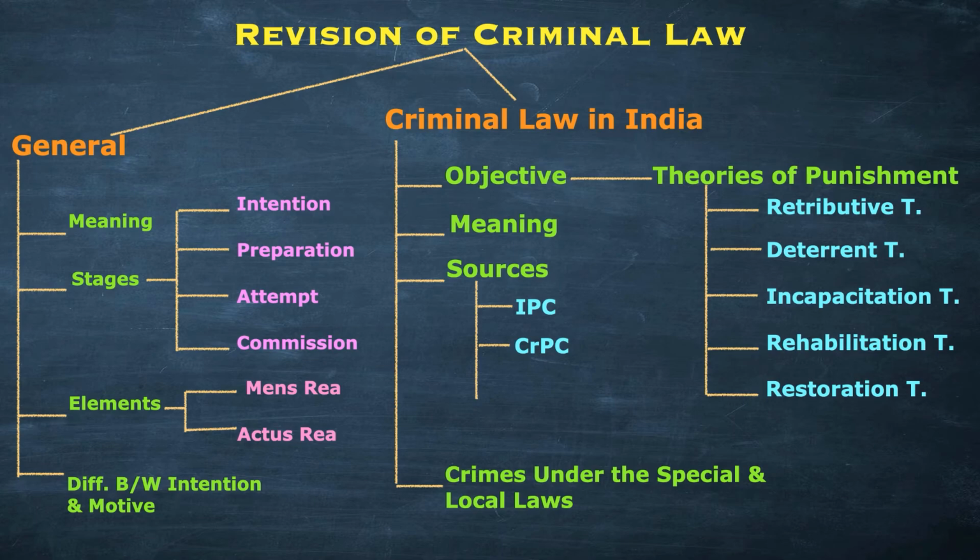Okay, and we have also discussed the types of criminal trial such as warrant trial, summons trial and summary trial. Okay, now third one we have the Indian Evidence Act 1872. It defines the evidence, the kind of evidence, and lastly what are the evidence that can be admissible in the court of law.